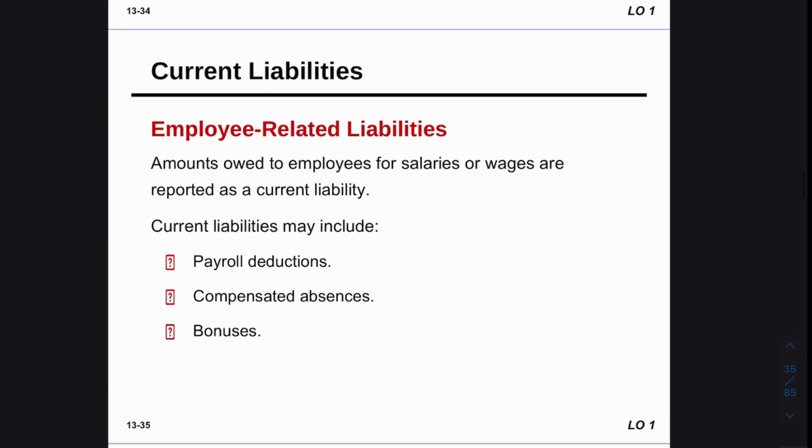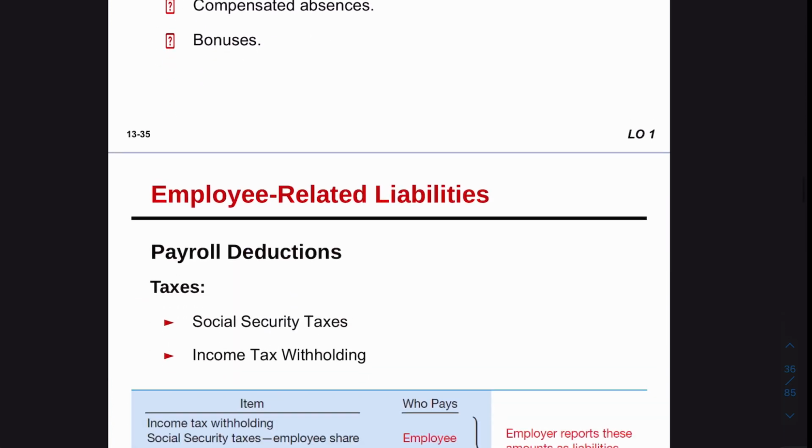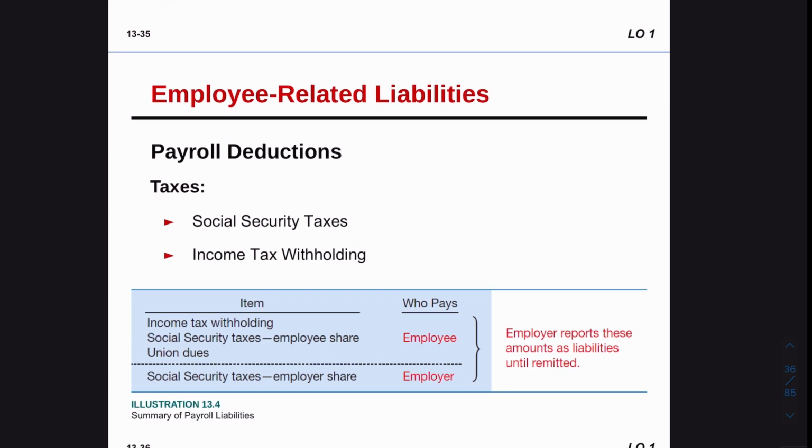Here we have employee-related liabilities. Since the company pays its employees' salaries and wages, these are considered current liabilities. Also considered are payroll deductions, compensated absences, and bonuses. Remember, when we're talking about payroll deductions, the employees won't receive the gross amount of their salaries.